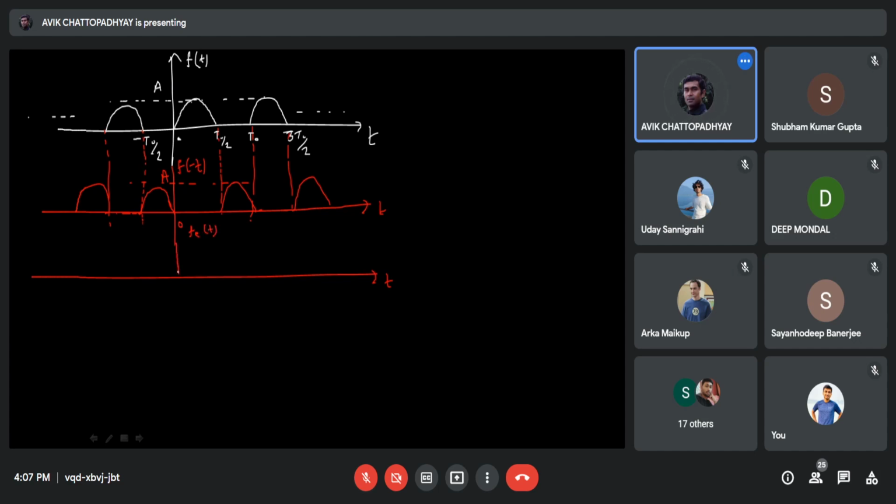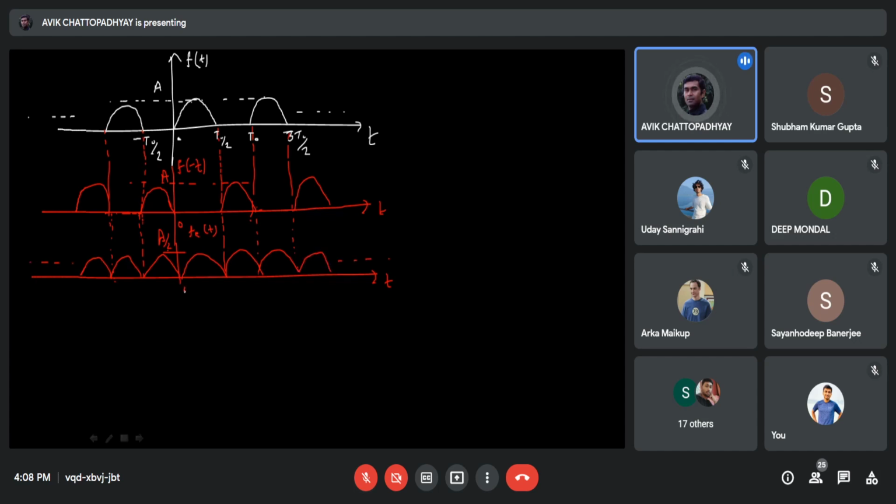I will put dots here so that it is convenient to use the same scale. So I add these two and divide by 2, so the amplitude will be A by 2, and for every half cycle you will get a hump like this.